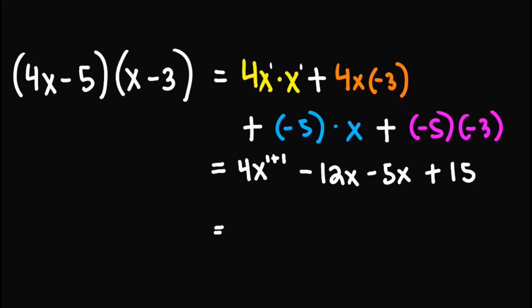Simplifying further, we obtain 4x squared, and then since these are like terms, we combine them to become negative 17x, and lastly, for 15, we just copy it down. And so this is the answer for this one.